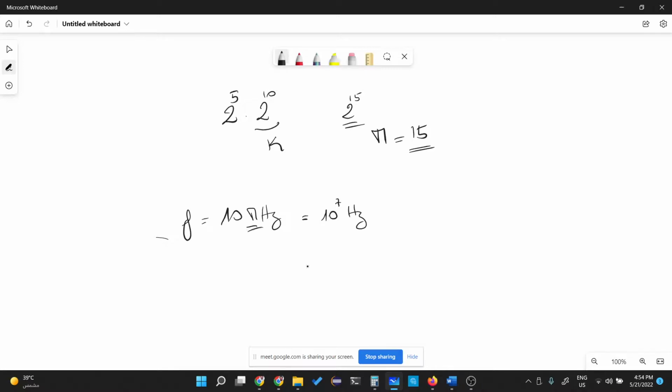Mega is 10 to the power of 6. The clock period is 1 over 10 to the power of 7, meaning 10 to the power of minus 7 seconds. So this is the throughput. You can execute one instruction every 10 to the power of minus 7 seconds, which is 0.1 microsecond.